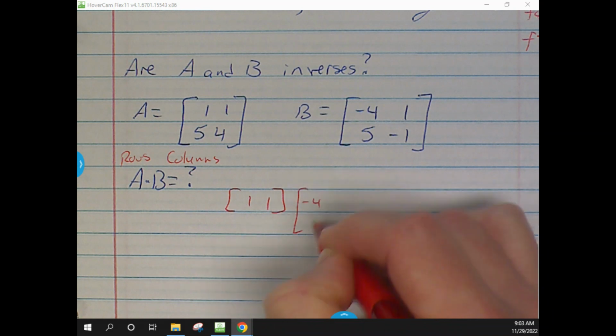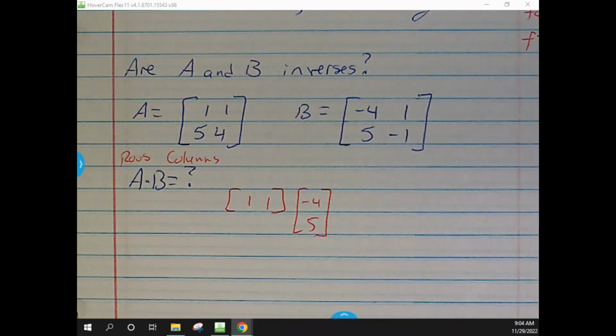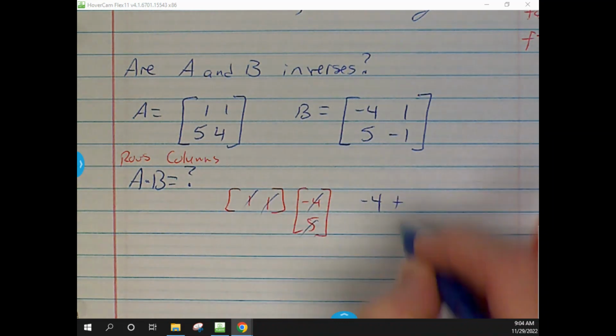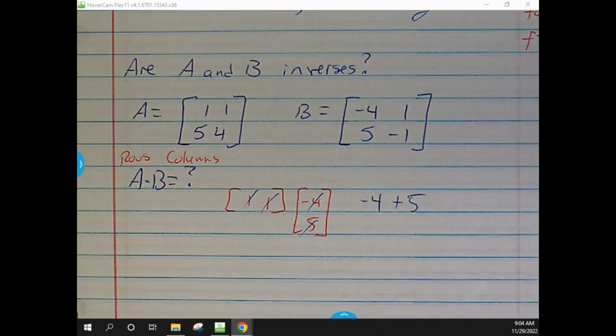So we do 1 times -4, which is -4, and then 1 times 5. So -4 plus 5 is 1. We know that's always the first number in the very first corner, so the first number is good.